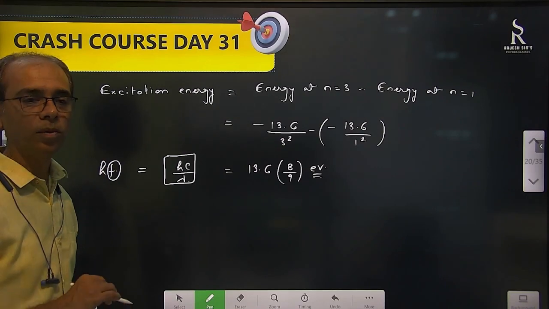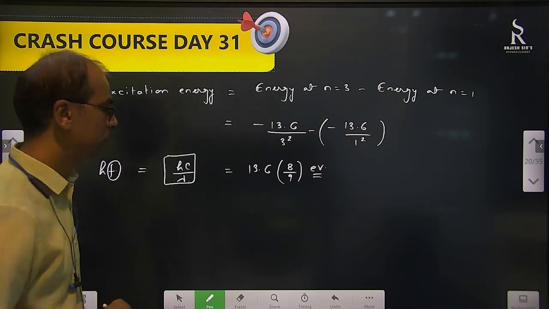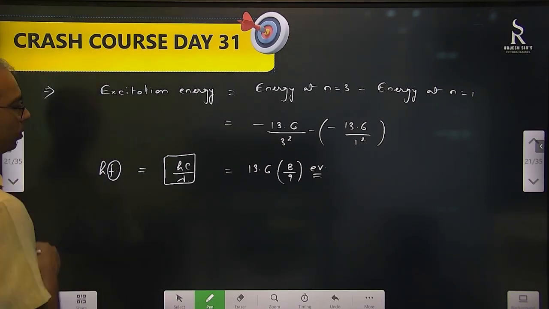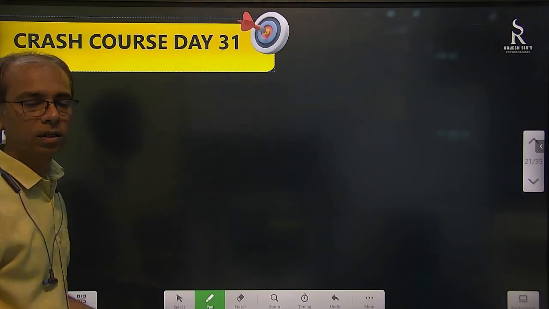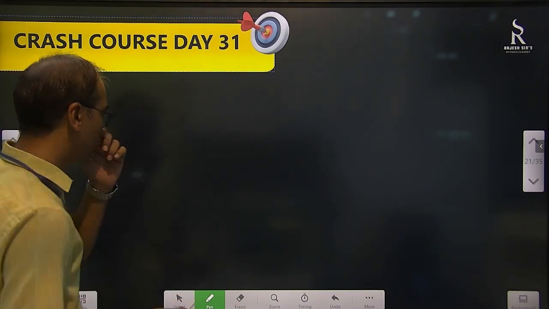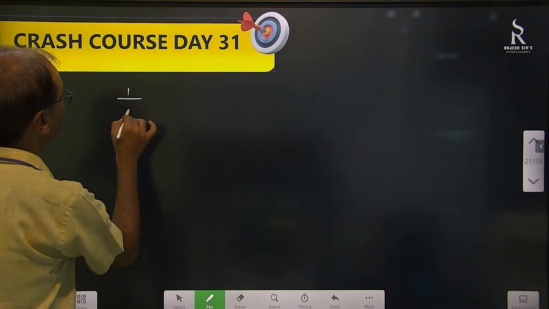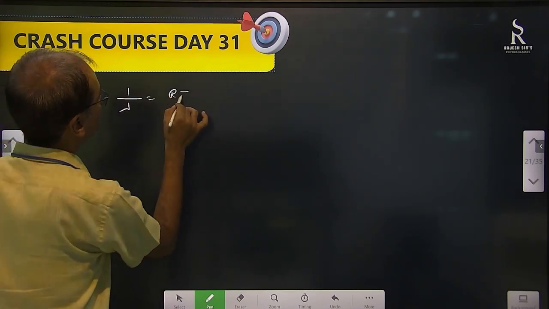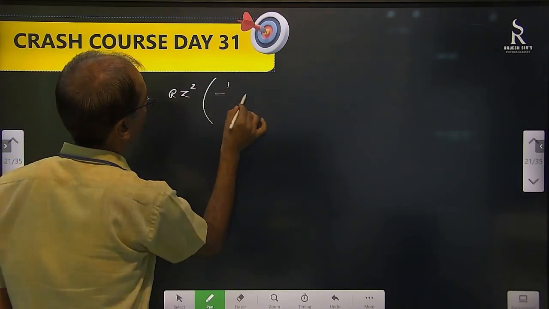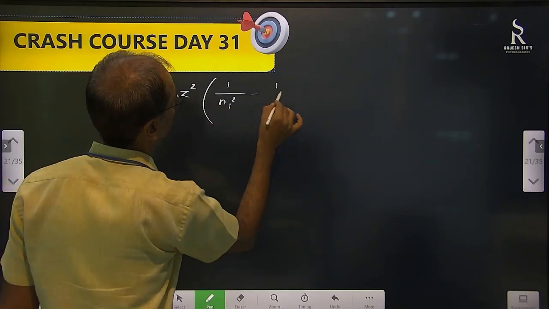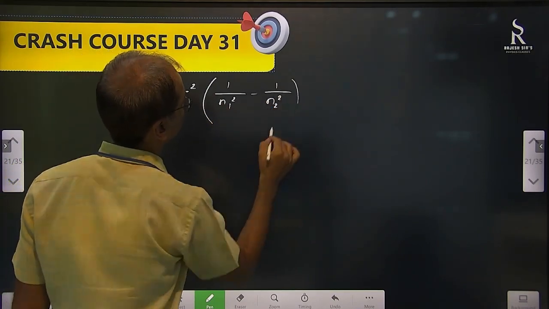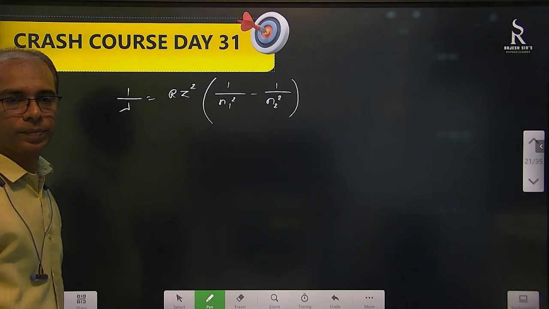But one more formula is there that we can apply directly. For wavelength, if we know that it is jumping from this orbit to that orbit, then 1 by lambda equals R Z squared times (1 by n1 squared minus 1 by n2 squared).